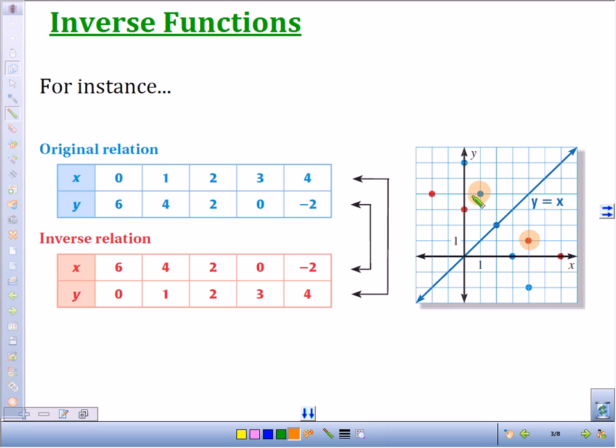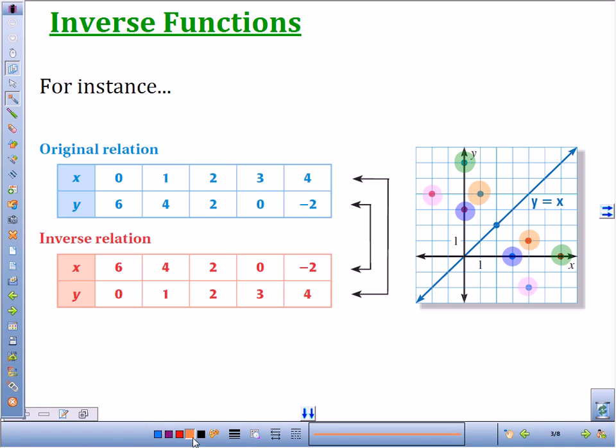You can see they're reflected along this line. Ditto with this point here in my original, reflected to this point in my inverse. We could keep going. This point in my original reflected to this point in my inverse. This point in my original to this point in my inverse. So my inverse and my original have this reflection going on.